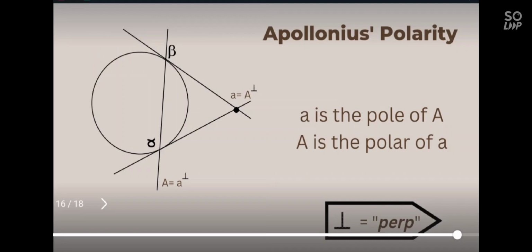So then little a is equal to big A perp, and conversely, big A is equal to little a perp. It turns out that this relation is very crucial in understanding hyperbolic geometry.